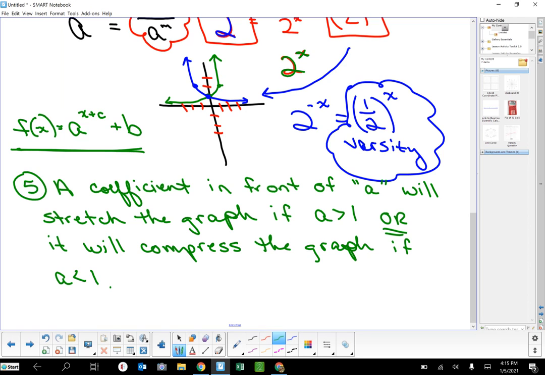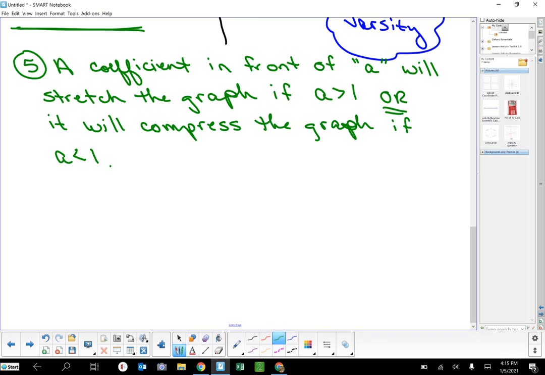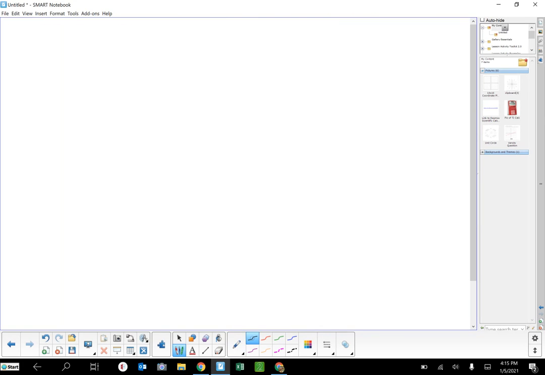Okay? And then here are a couple of rules about reflections. Then I want to take you over to Varsity and show you a couple of ways, at least how I go about doing a transformation when I have them. So actually, let me go to a new page. Just two real quick rules about reflections.